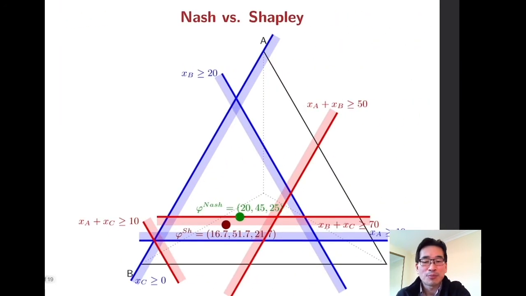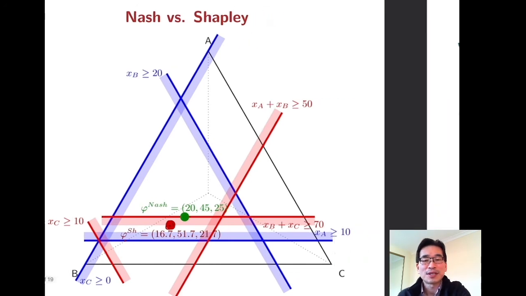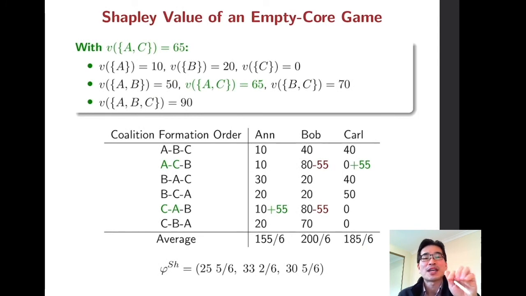So of course we can point that allocation in this diagram. So the Shapley value is placed here. It's a little bit different between the Nash solution and the Shapley value. But the important thing is, even if the core is empty, still we can define the Shapley value.